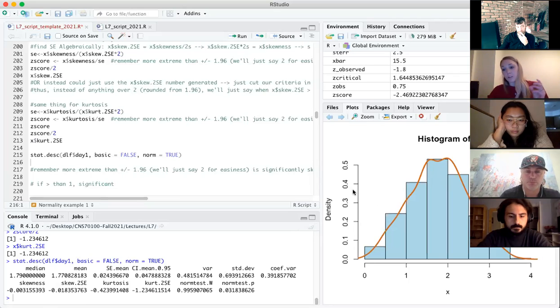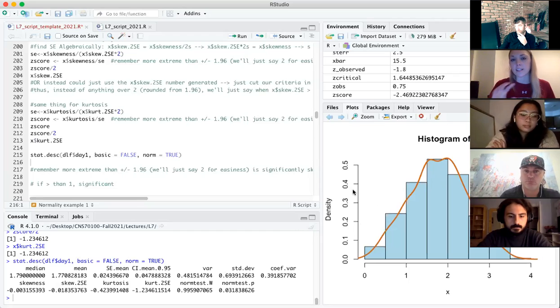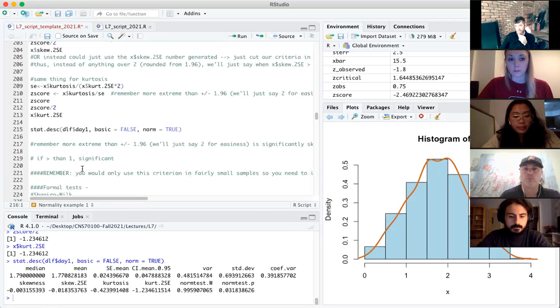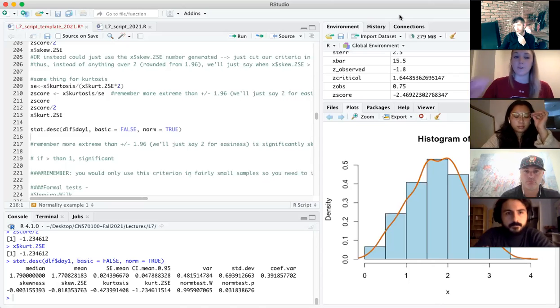When the tails are pulled out on one side or the other, that changes those probabilities. Well, technically it doesn't, as long as your N is greater than 30, because your sampling distribution is going to be normal regardless. Violations of kurtosis mean the raw data is not perfectly normally distributed, but if you have an N of at least 30, you don't have to worry about it for central limit theorem assumptions.